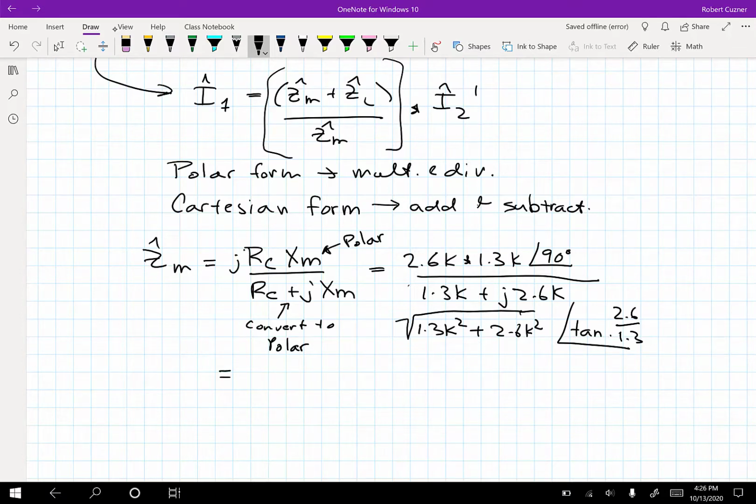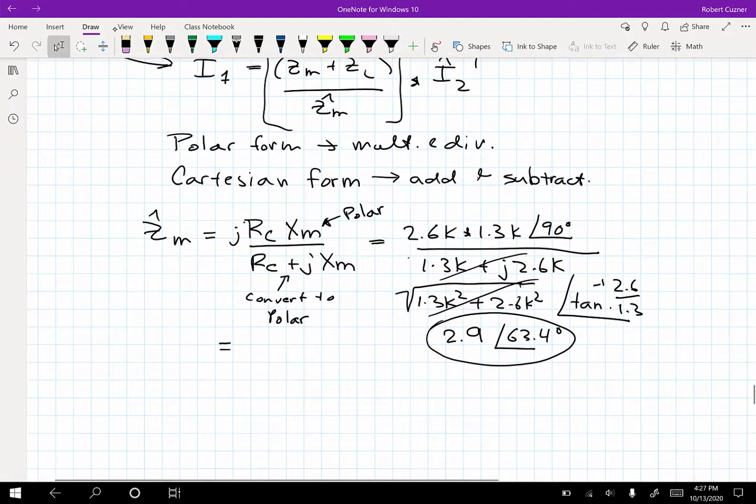So this becomes 2.9, 63.4. And now I'm going to, so the denominator is simplified to that.